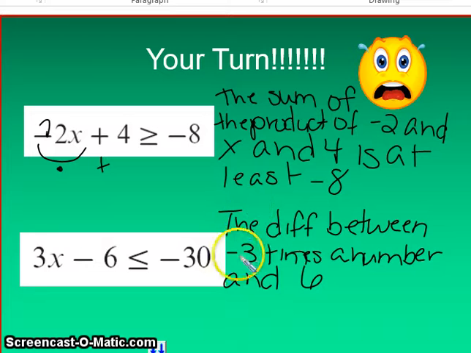So the difference between negative 3 times a number and 6, so that shows we're subtracting.